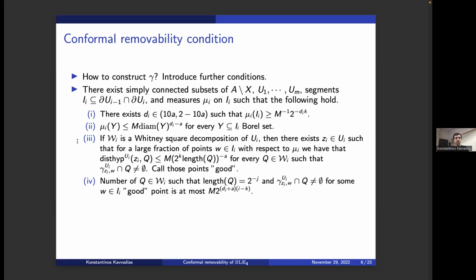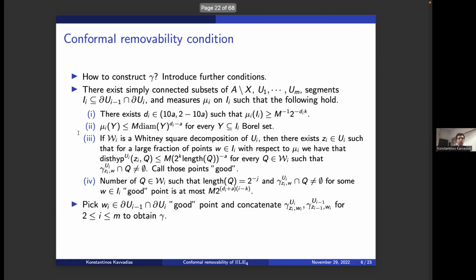This condition helps to find an upper bound on the image of those paths that we construct. So let me mention how someone can construct those paths. Remember, condition 3 holds for a large fraction of points with respect to the measure μ_j on every intersection of the boundaries.